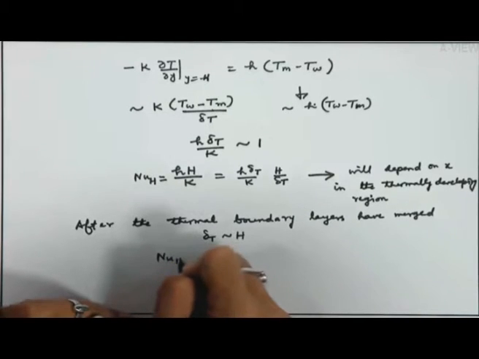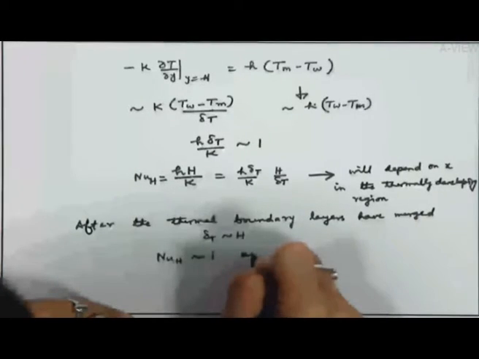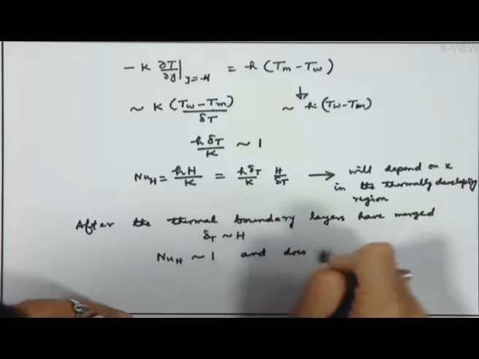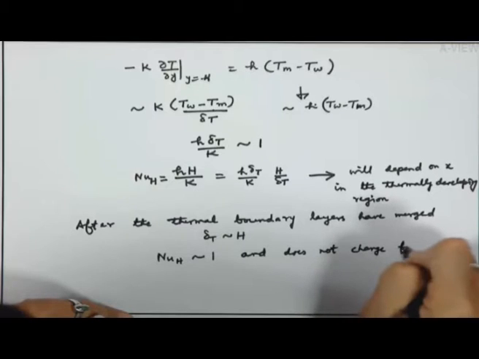That means Nusselt number is of the order of 1 and does not change further with x.